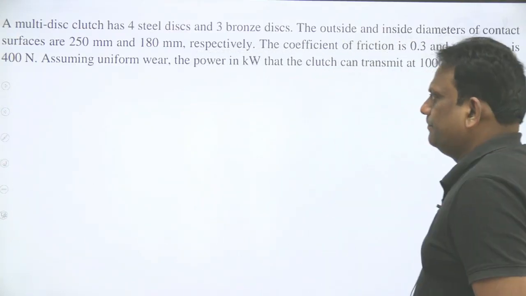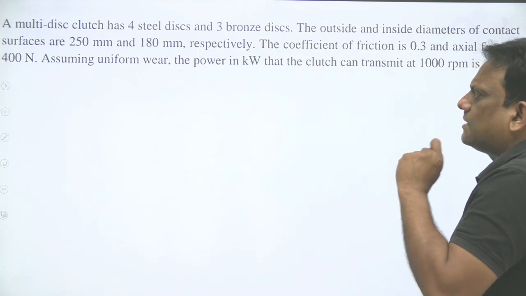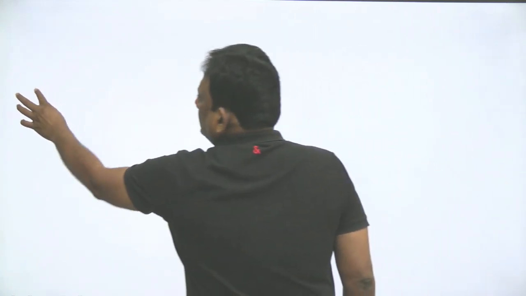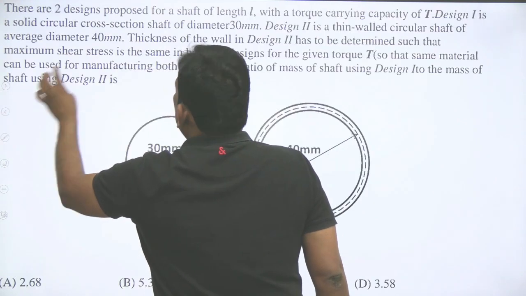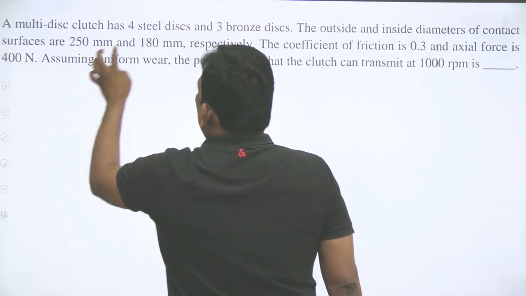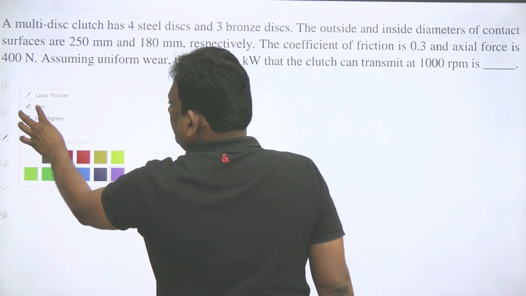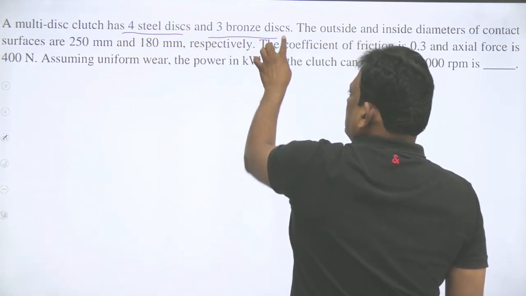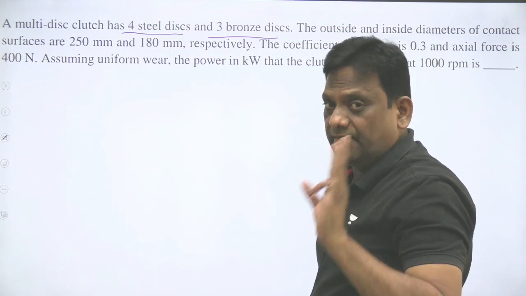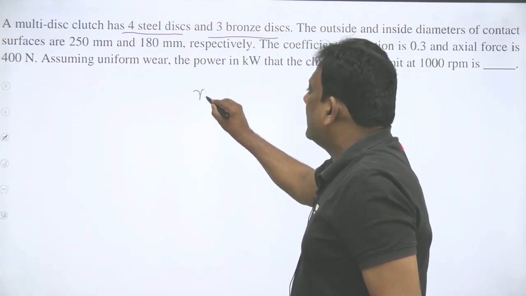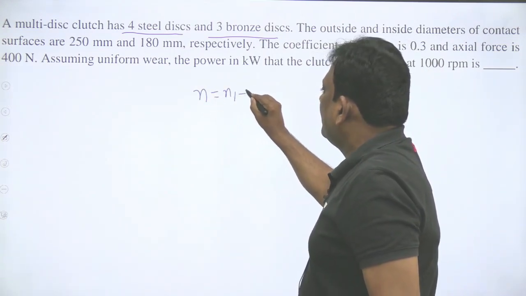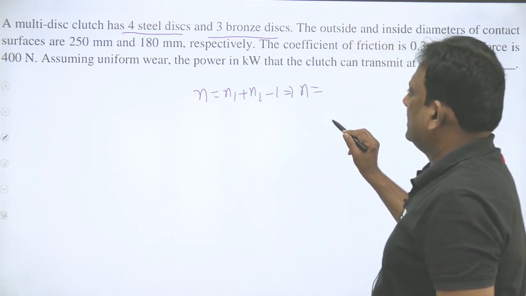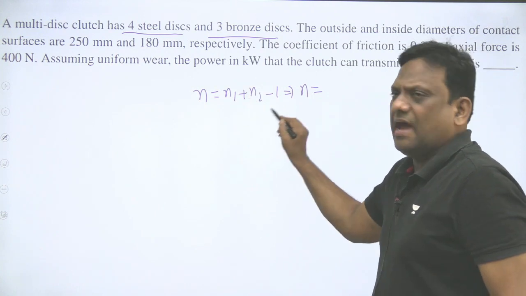A simple question. A multi-disc clutch has 4 discs. 4 steel discs, 3 bronze. How many total are there? There are 7. So number of contacting surfaces is given by N1 plus N2 minus 1. Already this equation I have derived in class.